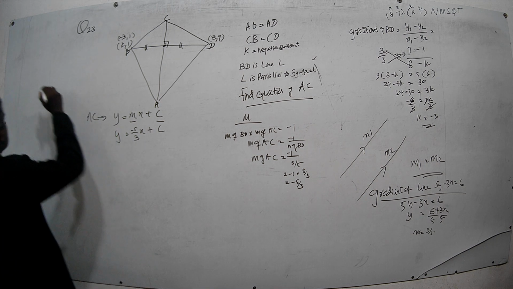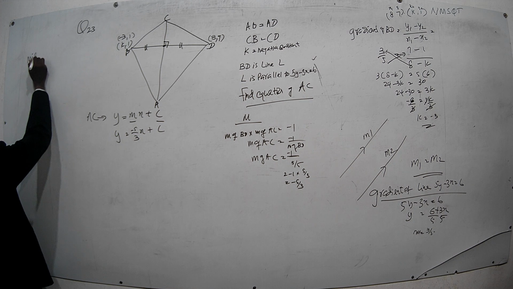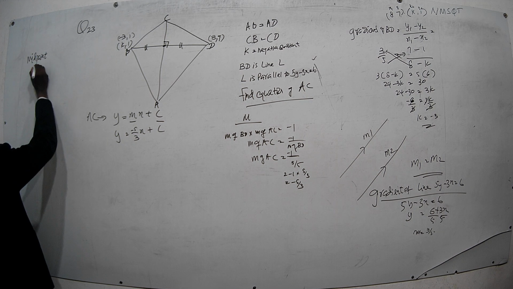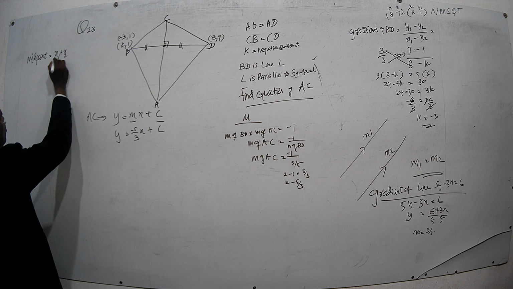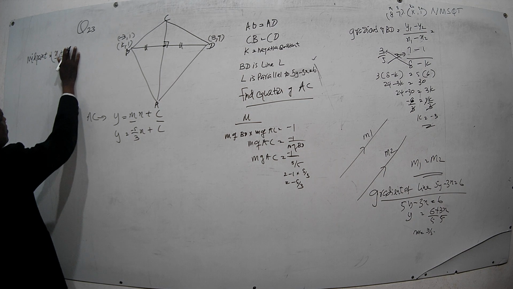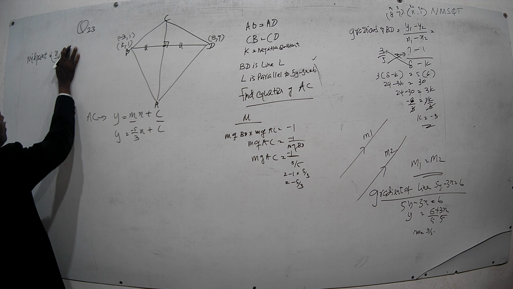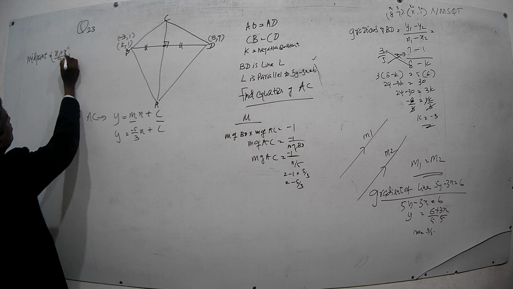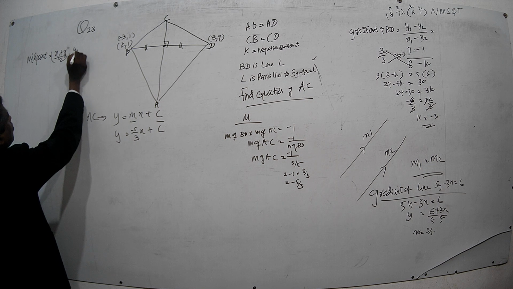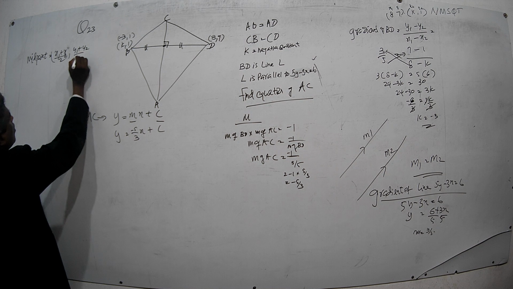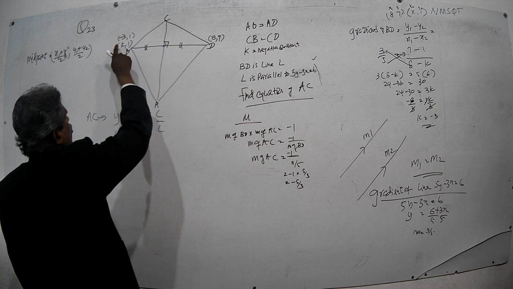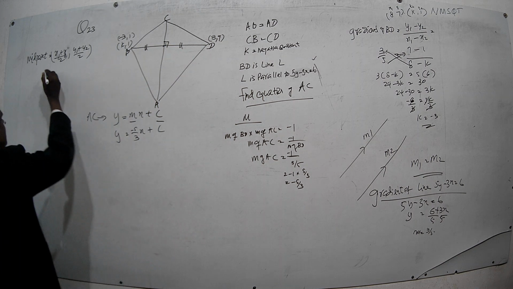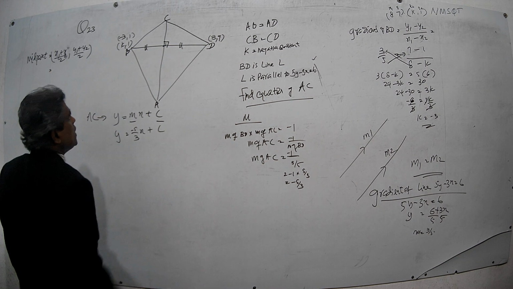Midpoint equals ((x1 plus x2) over 2, (y1 plus y2) over 2). We are going to find the coordinates of this midpoint, the midpoint of line BD. Now we have the coordinates of the two ends of that line BD.